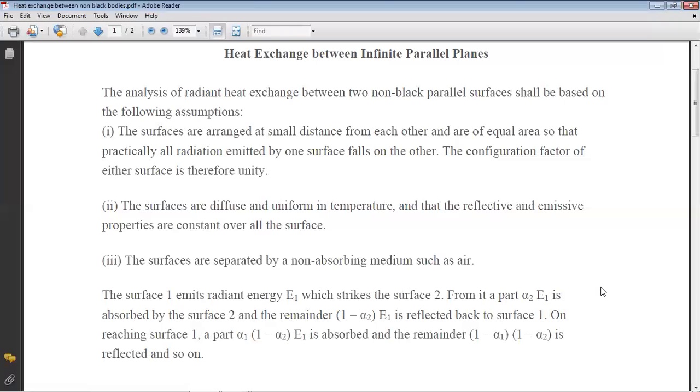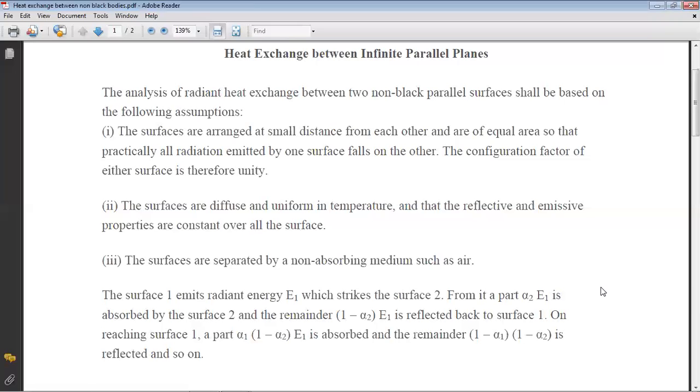Similarly, if alpha 1 is the absorptivity for surface 1 for the upper half, the same is the case with the other half. And the third assumption gives us that there should be a non-absorbing medium between these two. It means whatever is emitted by surface 1 must reach surface 2.